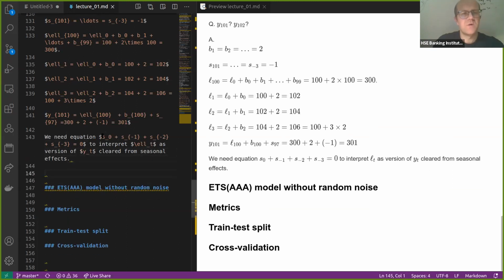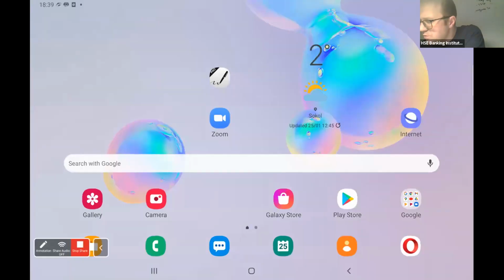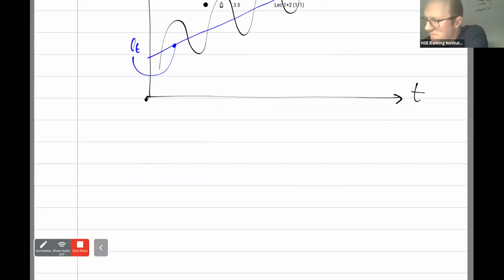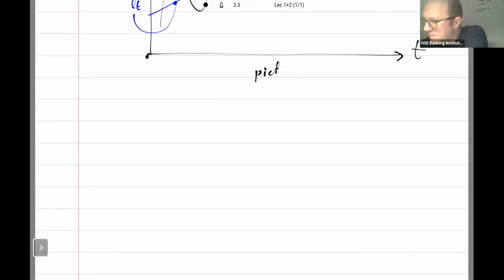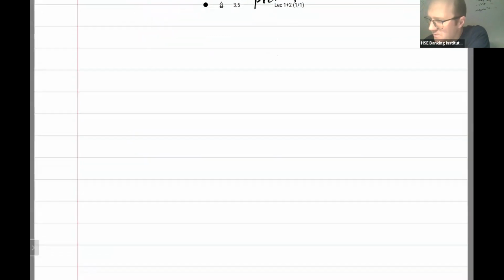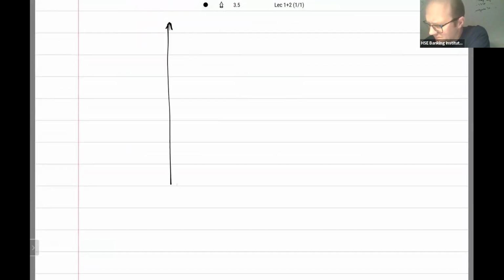Maybe on the picture it's very easy to see why we need such a hidden equation. Okay, I will just draw a picture. It's picture 1, and we'll have picture 2.